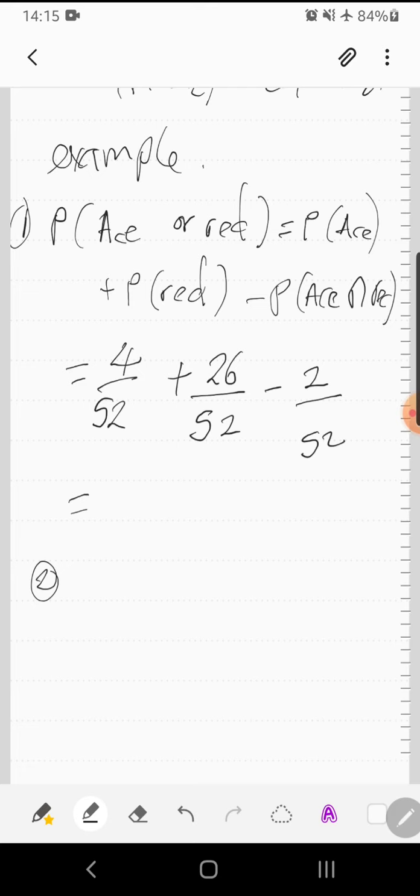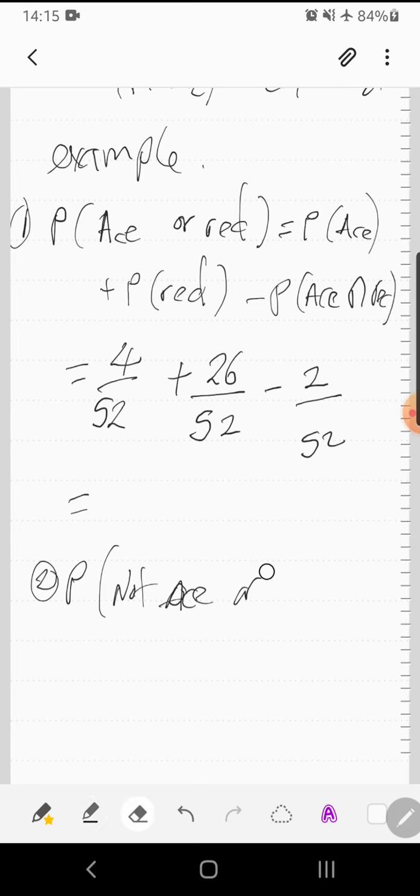You can as well find the probability that a card is not an S, or red.